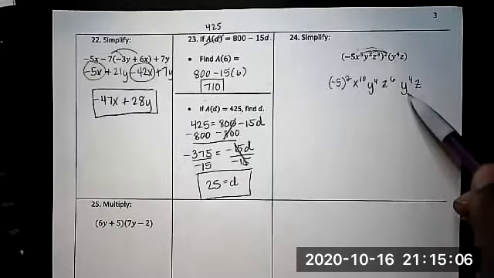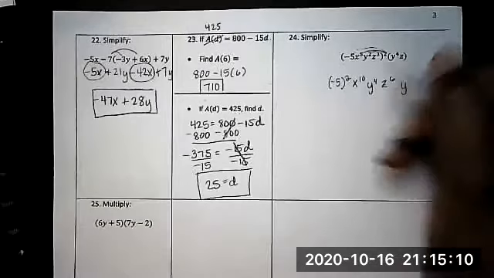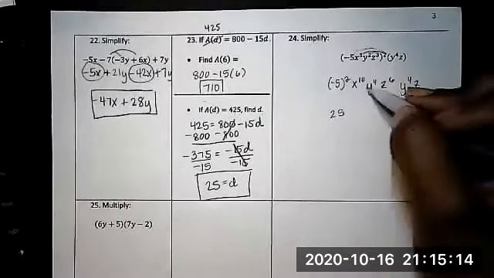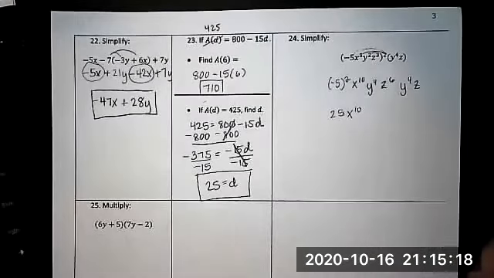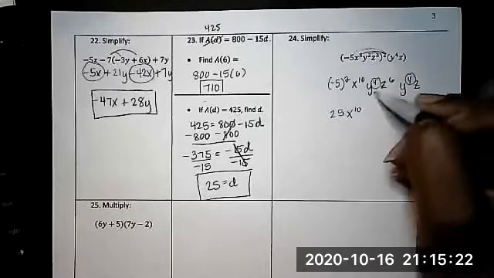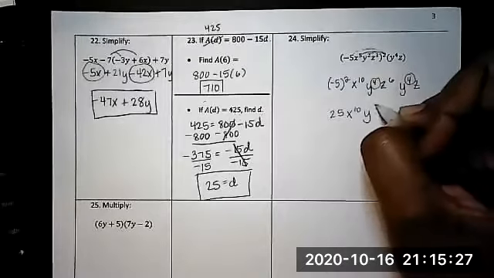Okay, I left that alone, just left it outside. All right, negative 5 squared, you should know negative 5 times negative 5 is positive 25. Okay, x doesn't have any partners, so I'll leave x alone, x to the 10. It does look like y and y here, since you're multiplying, you'd add those. That becomes y to the 8th. 4 plus 4 is 8.